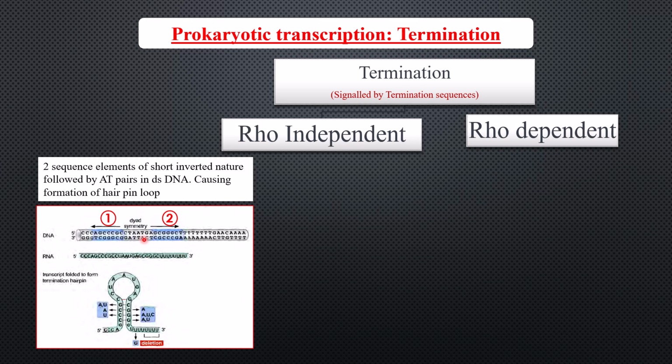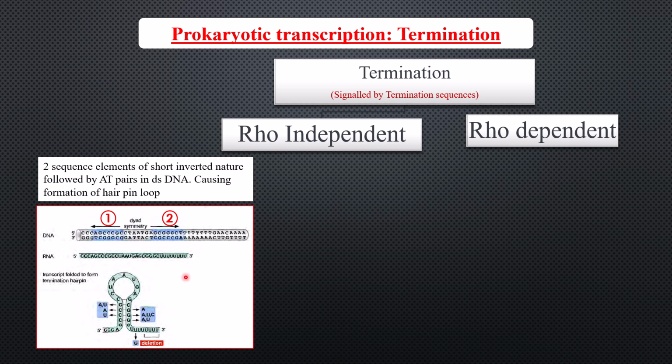Here, we have two sets of sequences, one on this side and the other on this side, and these sequences are inverted. Inverted meaning A, G, C, C, C, G, and then the same thing is repeated in this order, G, C, G, G, T. So they are present but in an inverted manner.